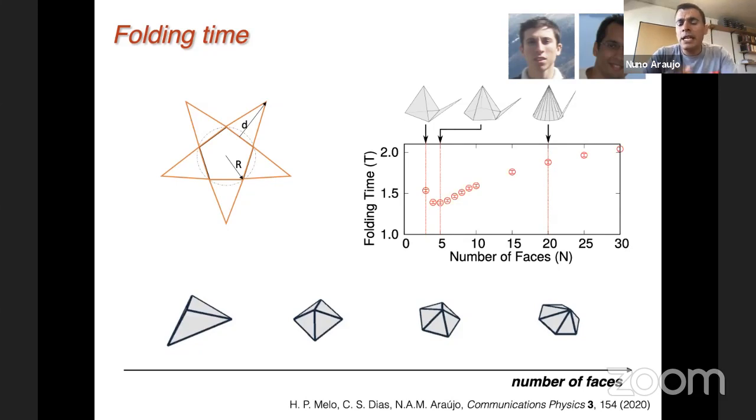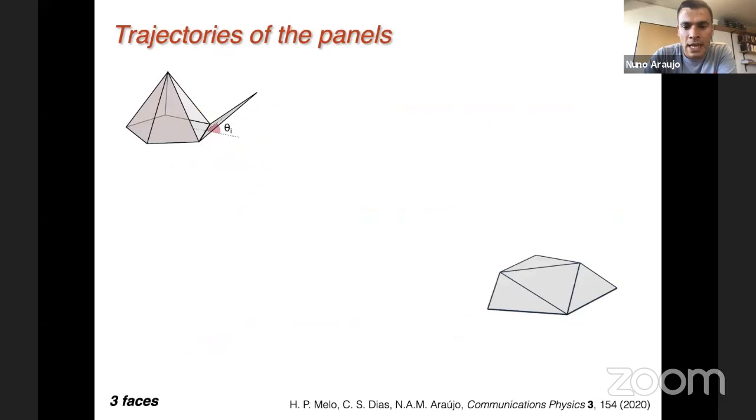In order to understand that, we made a statistical analysis of the motion of the different faces. For that, we defined an angle for each of the faces, here represented as theta i, that is the angle of the face with the substrate. Then we followed the time series of the angles.